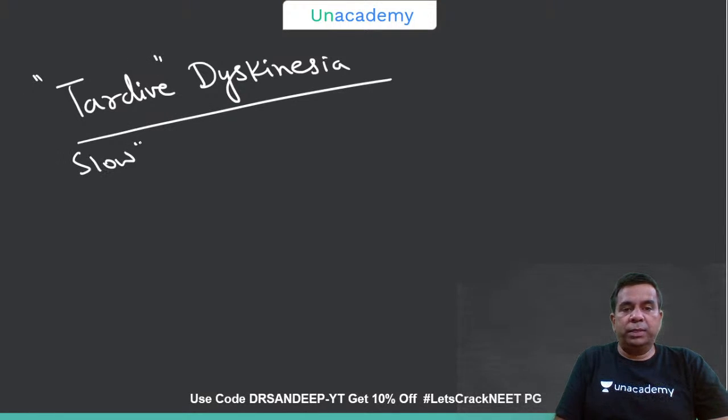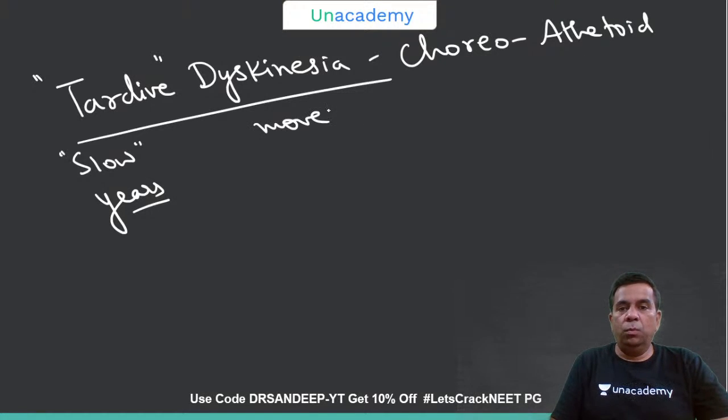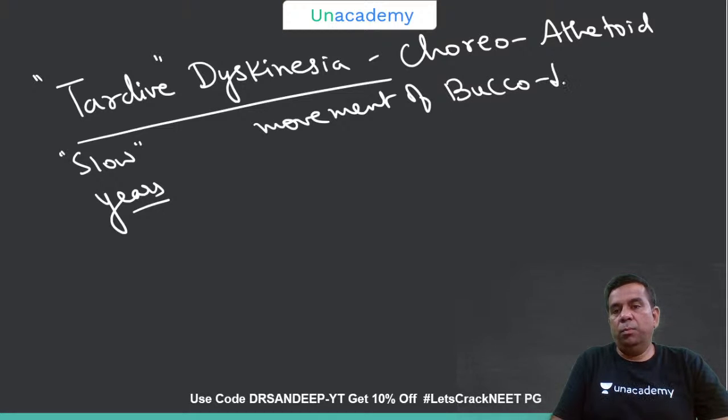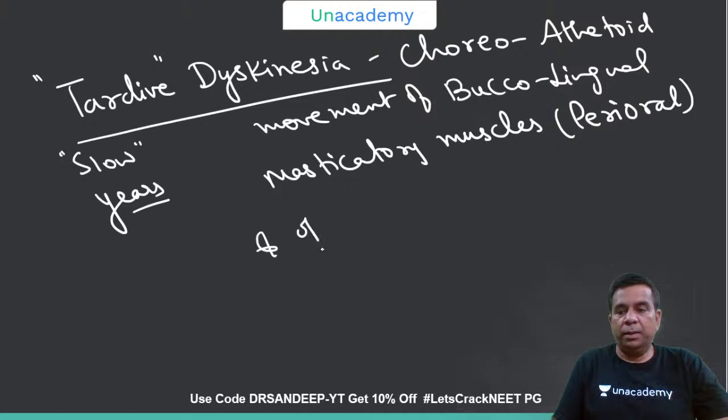So we know it happens in ears. It's a choreoathetoid movement of buccolingual masticatory muscles. In simple English, you can say movement around the mouth and of limbs.